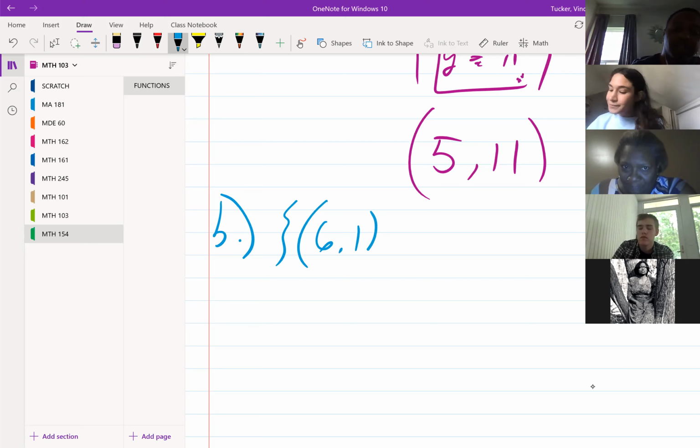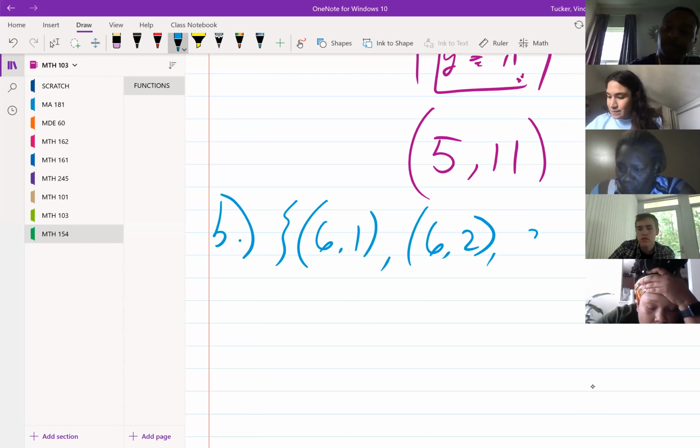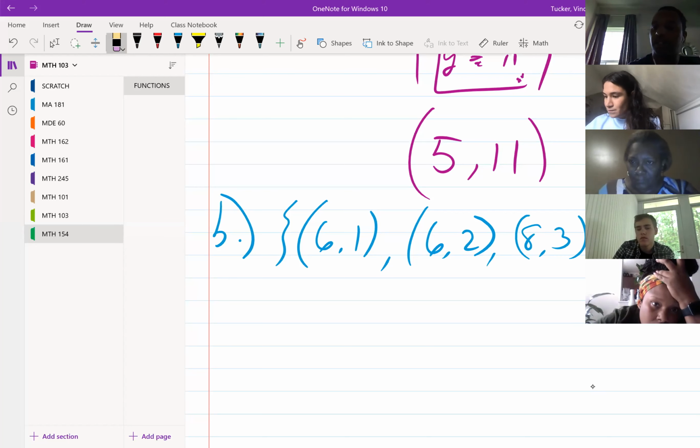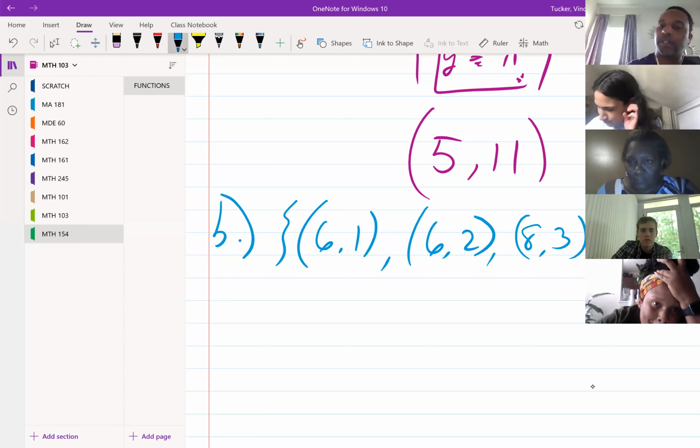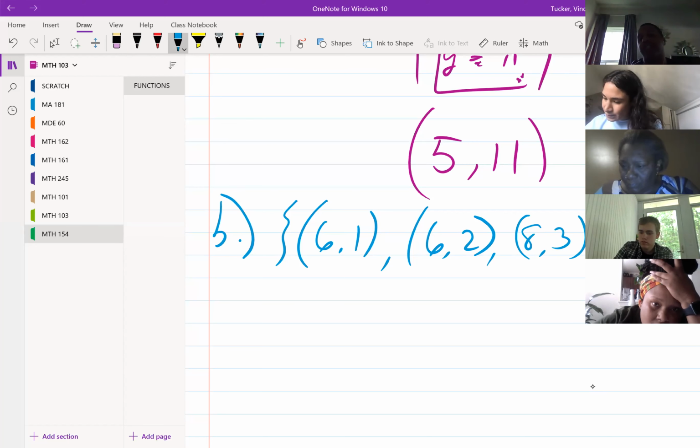Looking at this next example. This time we have 6, 1; 6, 2; 8, 3; 9, 4. Really, all they did was switch the order of the ordered pairs, an inversion from the previous example.